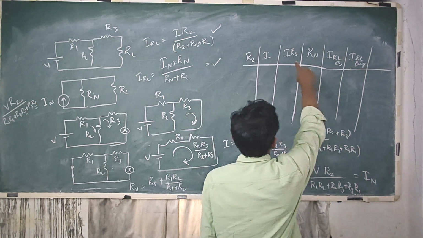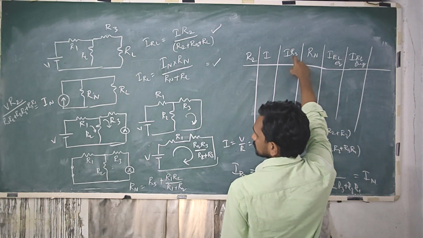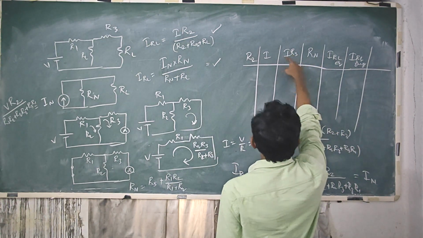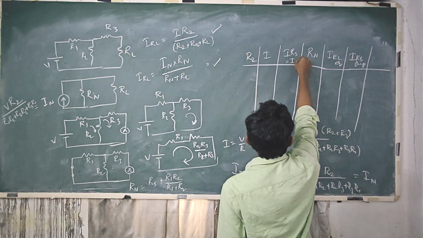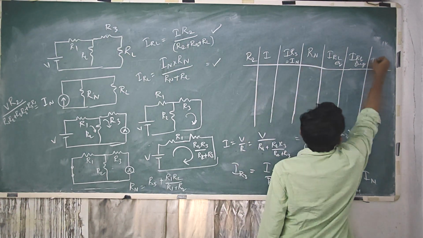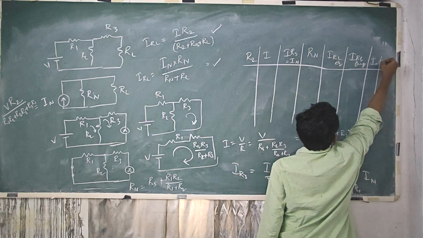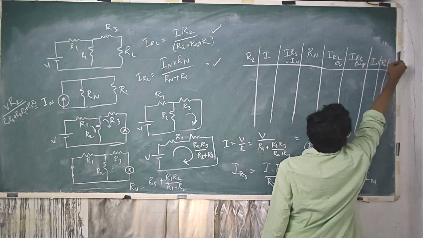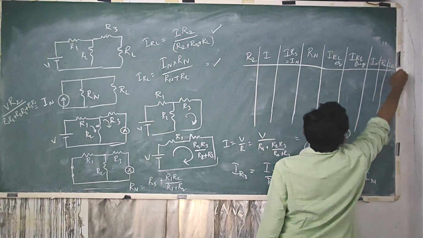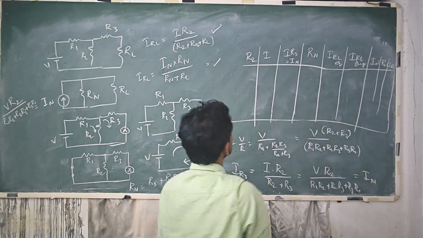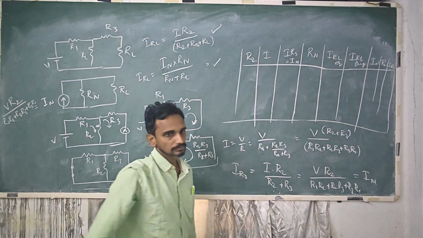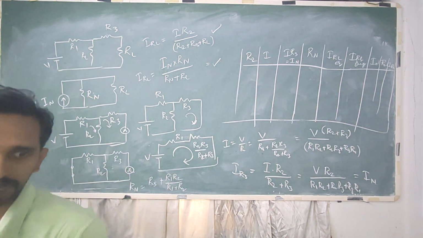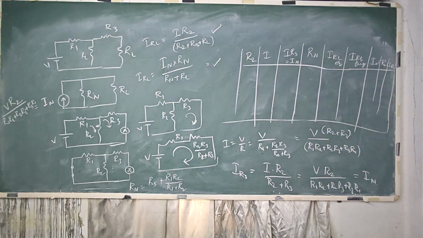What are the things you are measuring? IR3 itself is IN, right? Okay. So IN measured, RN measured, IRL measured. That is what you have to do.